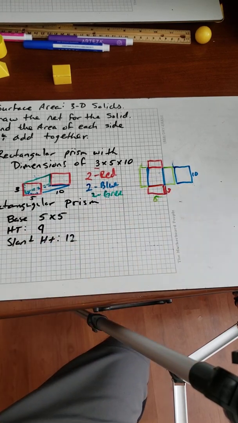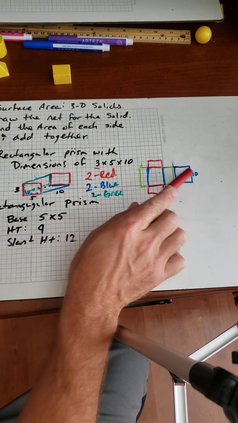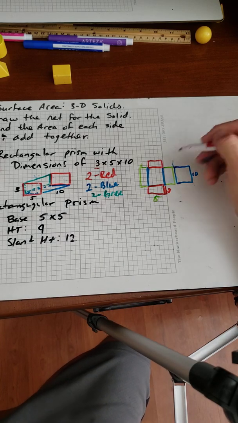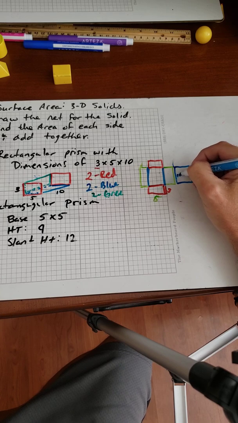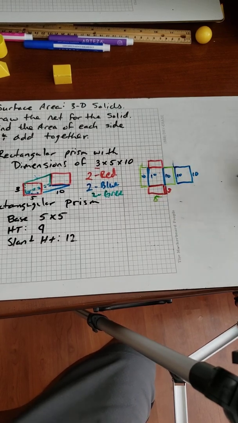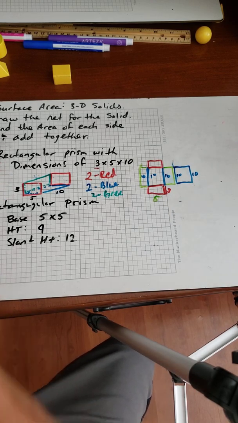So I got my dimensions out. I got my 10 is on the side there. So that means all of these distances across the board here are all 10 because that makes this a rectangle. So that means this is 10, this is 10, this is 10, this is 10. They're all 10 going across there. And this side over here must be 3.